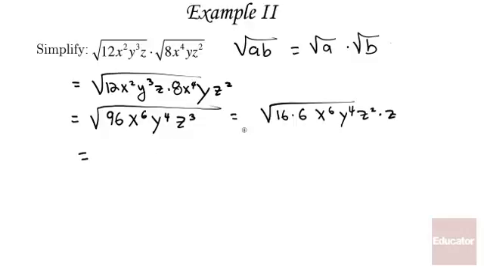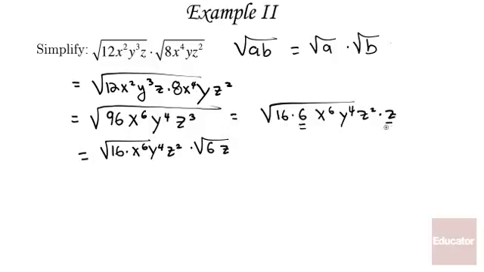Okay. Next, I'm going to write all my factors that are perfect squares under one radical and the others under another. So that's going to give me the square root of 16 times x to the sixth times y to the fourth times z squared, times the square root of 6z.